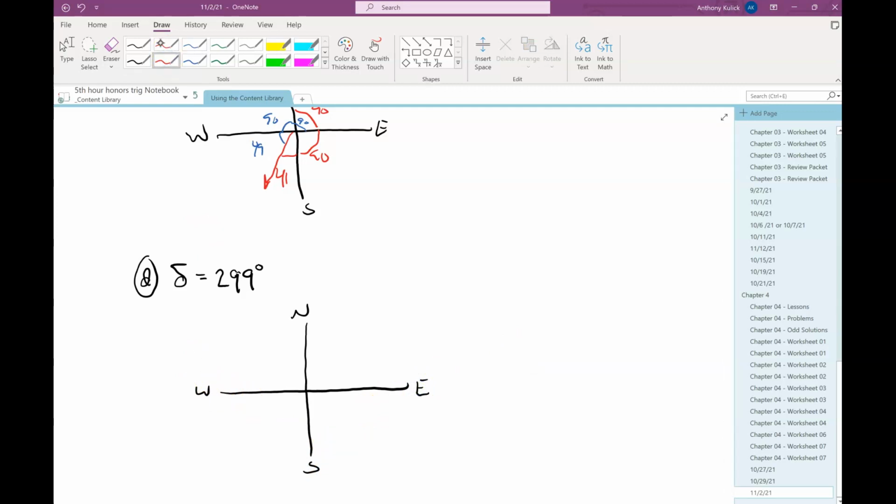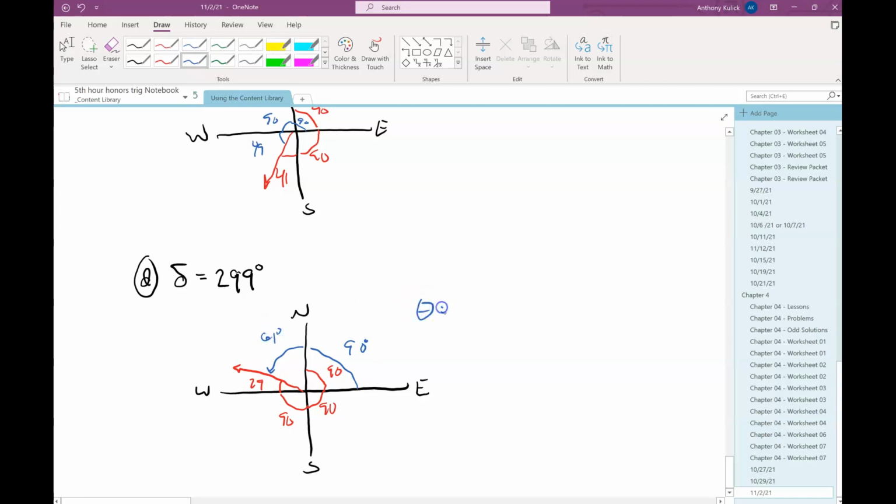Okay. Let's draw that bearing. Starting from north, 90, 180, 270. So 29 more. And then my standard position angle, 90. And then how much more has that got to be? 61.